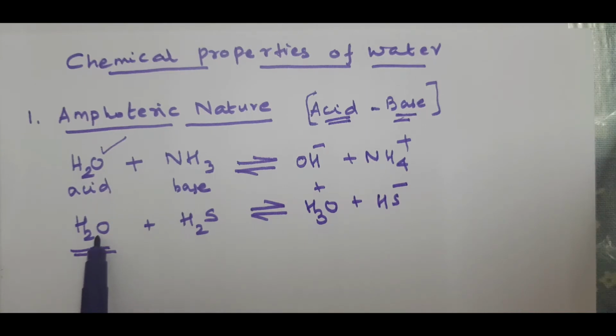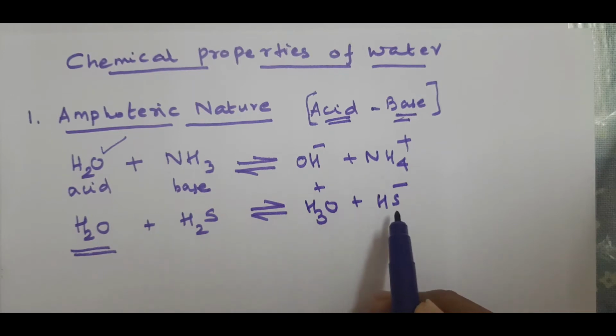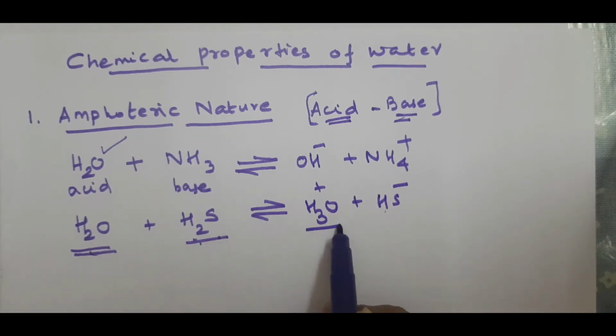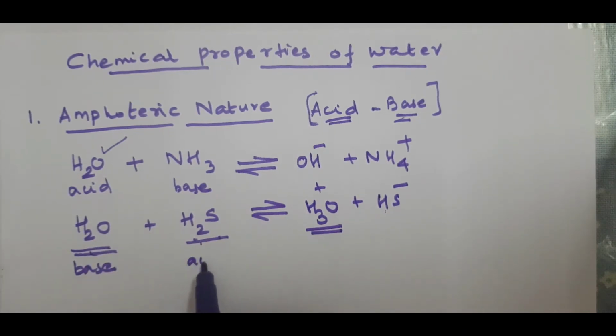So the acid will donate a proton and this water is accepting a proton to form the H3O plus. So this water is acting as a base and this H2S is acting as an acid.